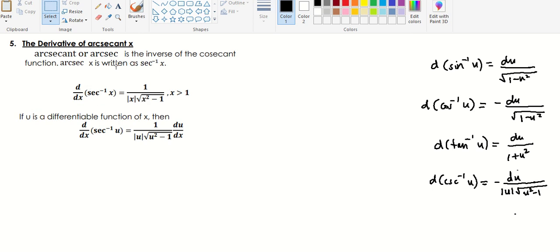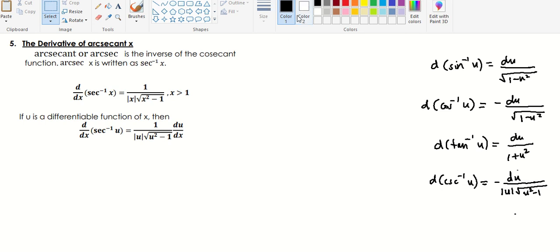Okay. So, again, the derivative of arc secant x is equal to 1 over the absolute value of x times the square root of x squared minus 1, where x is greater than 1. So, nabanggit ko na yan kanina kung bakit hindi pwedeng maging 1. If u is a differentiable function of x, then the derivative of arc secant u is equal to 1 over the absolute value of u times the square root of u squared minus 1 times the derivative of u.